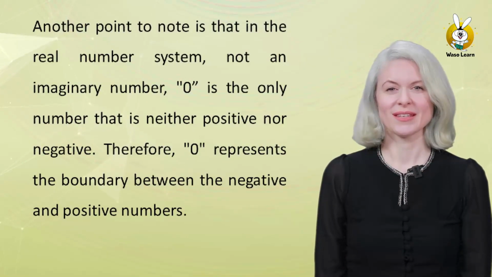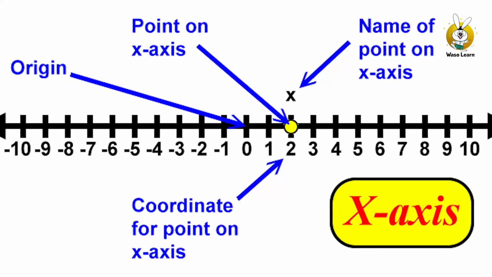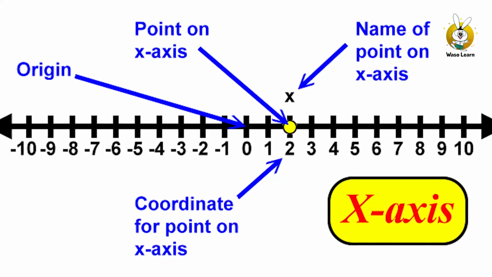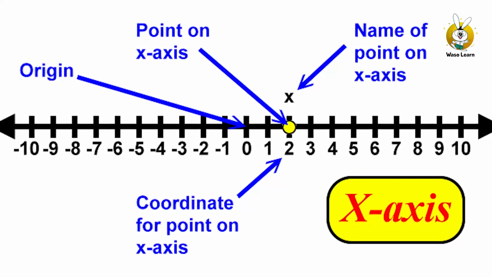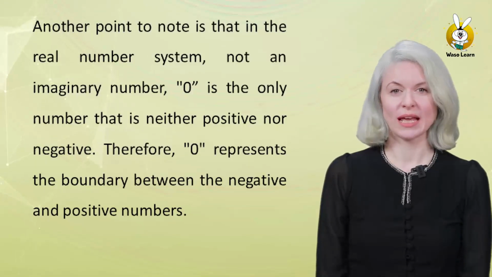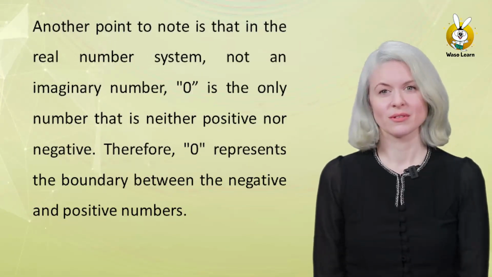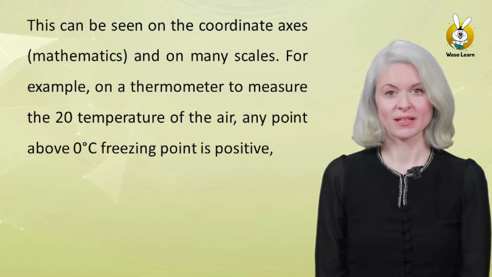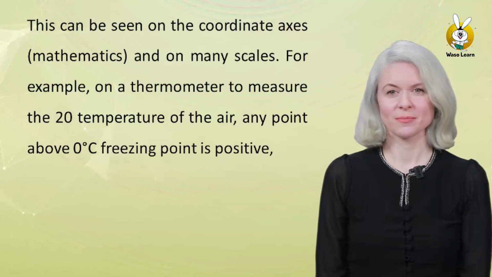Another point to note is that in the real number system, not an imaginary number, 0 is the only number that is neither positive nor negative. Therefore, 0 represents the boundary between the negative and positive numbers. This can be seen on the coordinate axis in mathematics, and on many scales.